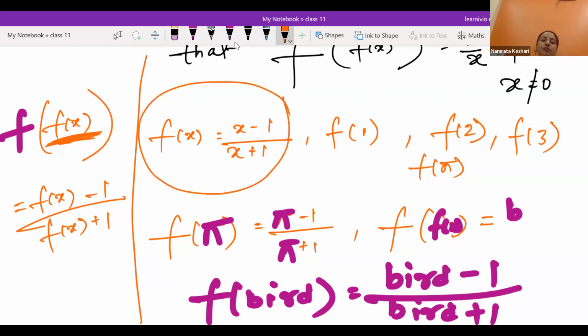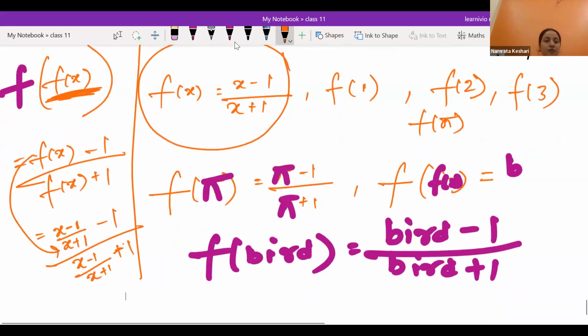At the place of f of x, just put the function's value, this rational algebraic expression (x minus 1) by (x plus 1), and drop it at the place of f of x. This minus 1 by this plus 1. Is it making sense?